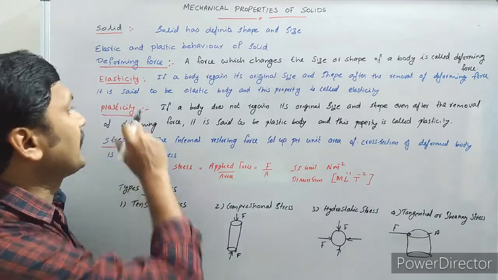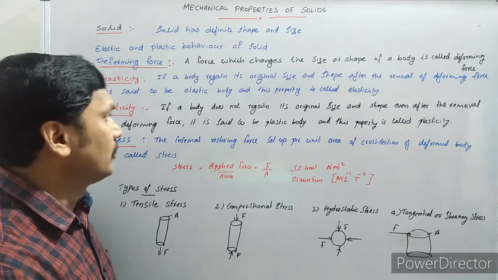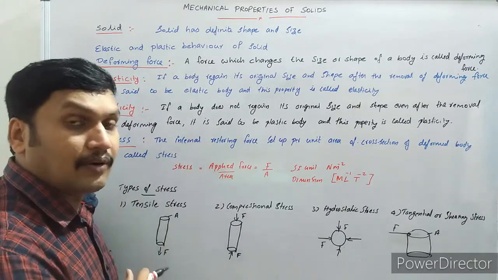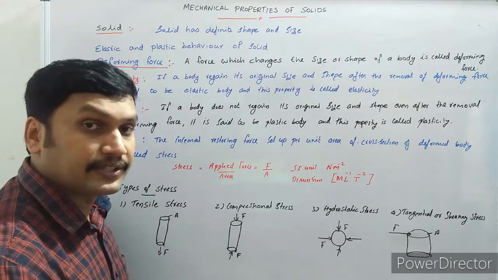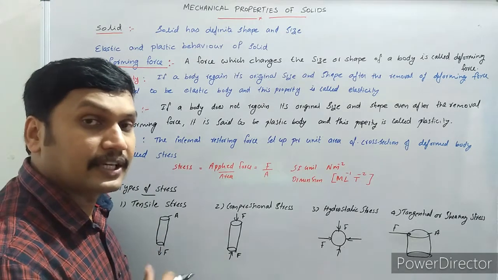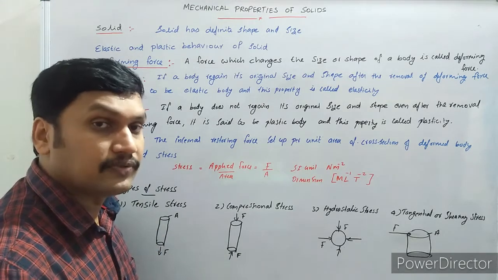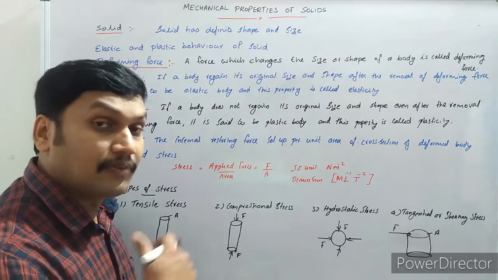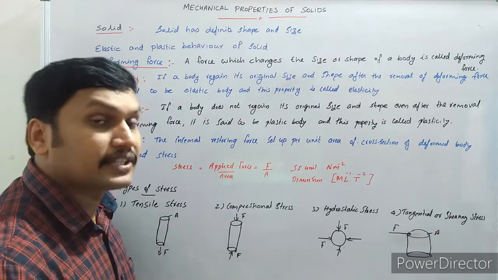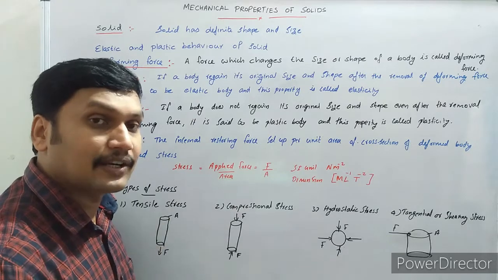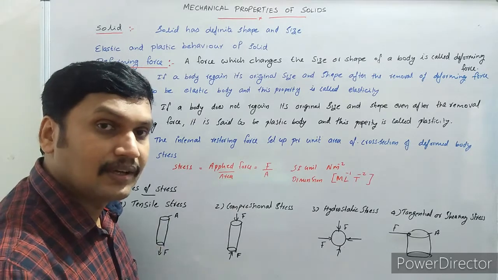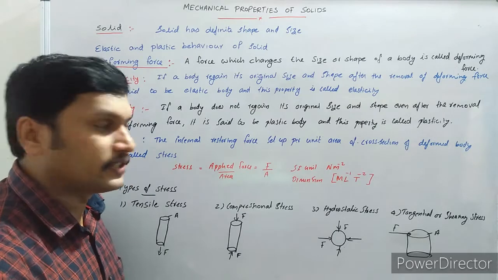Now let us see what is plasticity. Some solids do not regain the original configuration even after the removal of the deforming force. Such bodies are known as plastic bodies, and that phenomenon is known as plasticity.